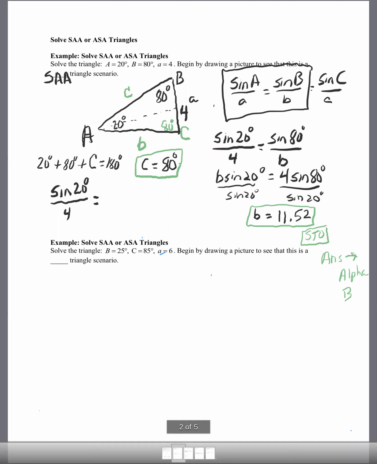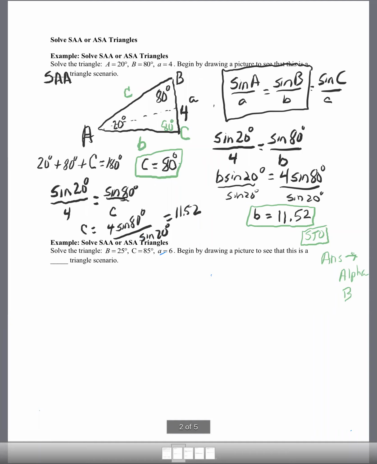I'm going to look for side C now, and so that means I'm going to have once again the sine of angle C, which happens to be 80 degrees. So you can see that the math is going to look identical. Basically, when I go and solve for C then, I would end up with something like 4 times the sine of 80 degrees, divided then by the sine of 20 degrees. And again, this will be 11.52.